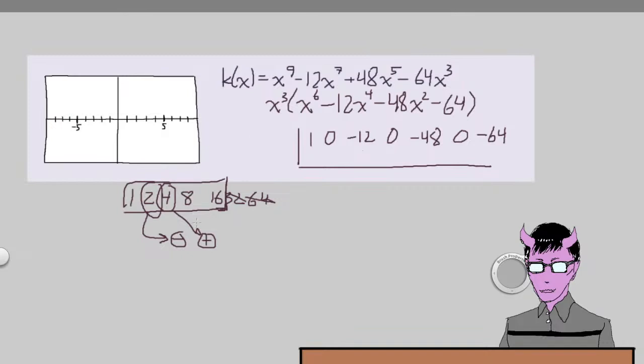Interesting. Is there a factor of 64 that's between 2 and 4? I don't think so. I think we've hit all the prime factors.